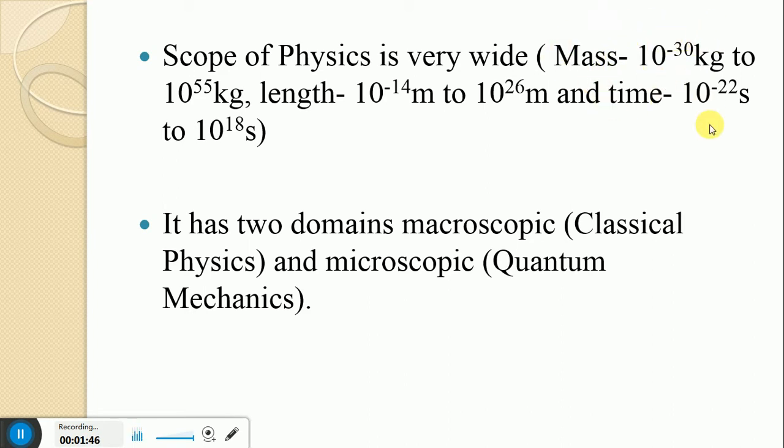Mass can be measured over a range from 10 raised to power minus 30 kilogram, the mass of an electron, to 10 raised to power 55 kilogram, the mass of the universe. Length ranges from 10 raised to power minus 14 meter, the dimension of the nucleus, to 10 raised to power 26 meters, and time from 10 raised to power minus 22 seconds up to 10 raised to power 18 seconds. So you can clearly see how wide the scope of physics is.